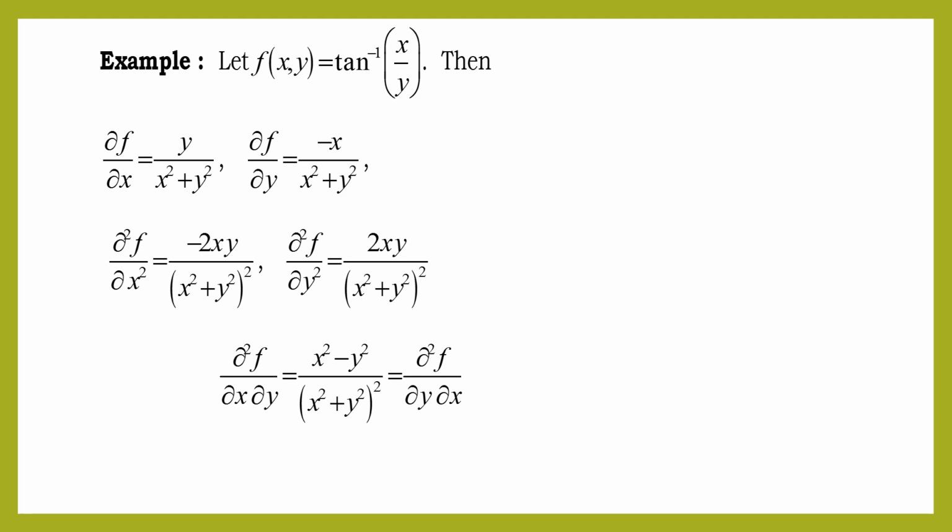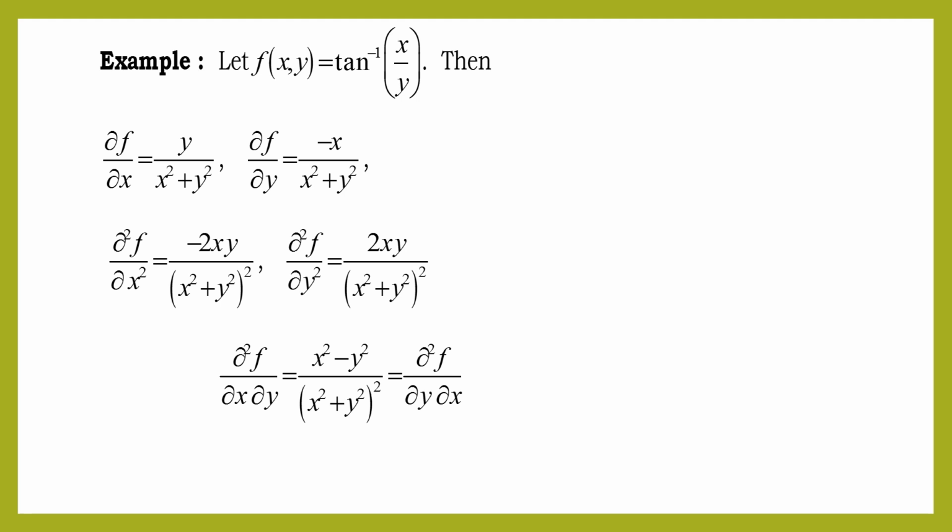First, if we evaluate dou f by dou x by treating y as a constant, and if we allow x to vary, then we get the answer y by x square plus y square.